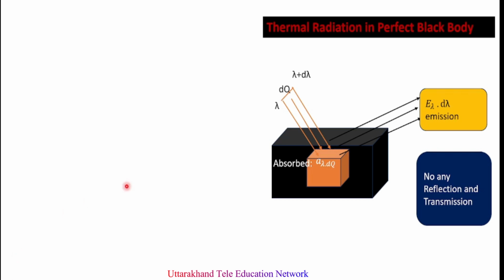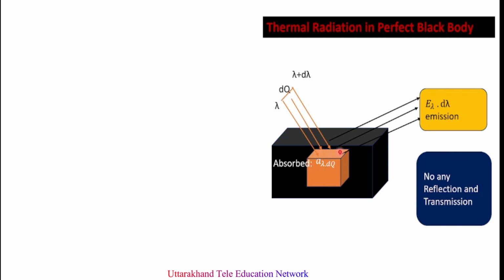Now again we consider thermal radiation in a perfect black body. The same amount of radiation, in the same range, is incident on the unit surface area of this perfect black body, and the perfect black body will absorb the whole amount of radiation. No radiation will be reflected or transmitted, so there is no reflection and no transmission.